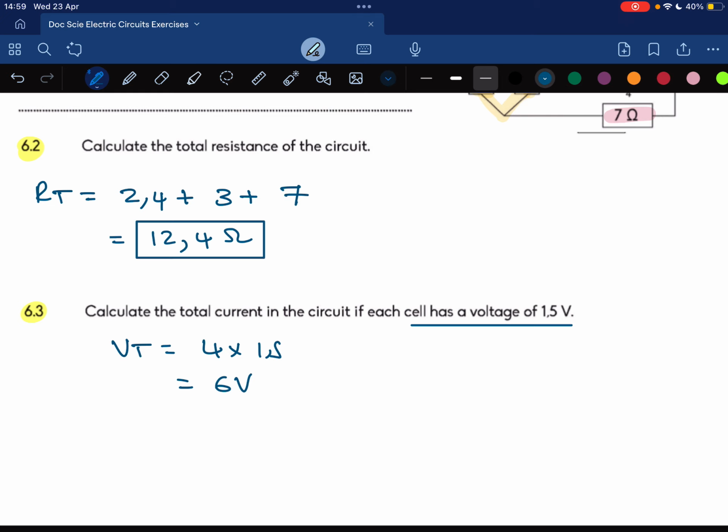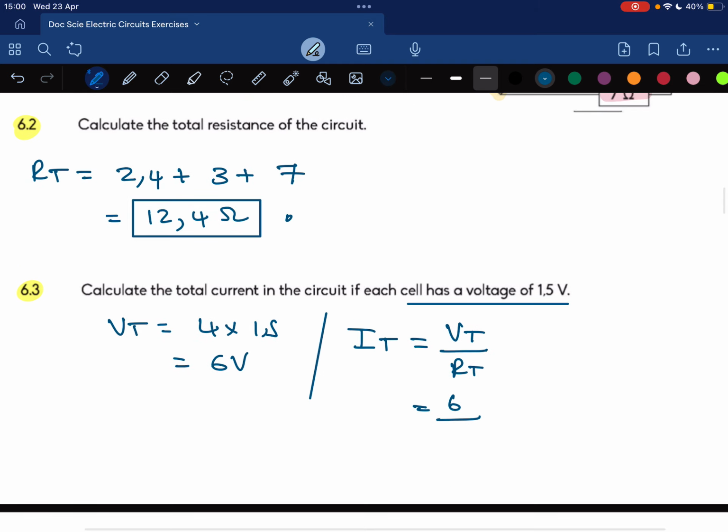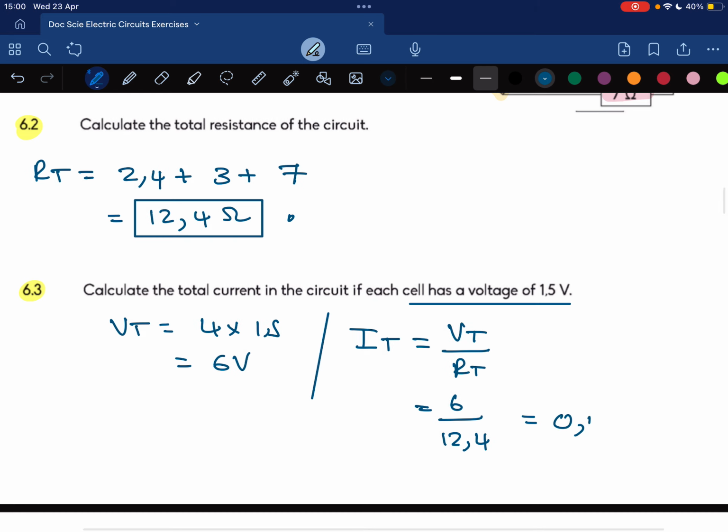So if they want to know the total current, then I can just use Ohm's law and say, well, I total will be equal to V total divided by R total. V total is 6 divided by the total resistance I just found to be 12.4. So I put that on my calculator and I'll get an answer of 0.48 amps.